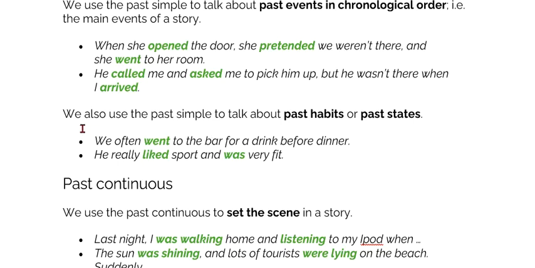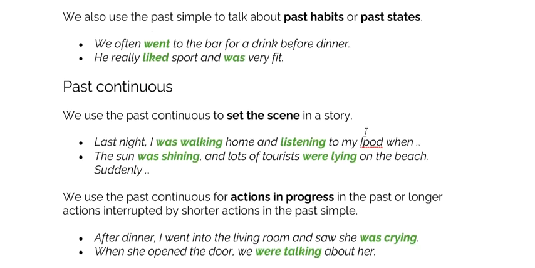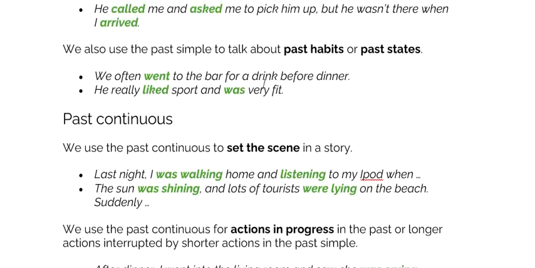We can also use simple past. We also use the past simple to talk about past habits or past states. For example, we often went to the bar for a drink before dinner. He really liked sport and was very fit. So we can also use simple past to talk about past habits or past states in English language.